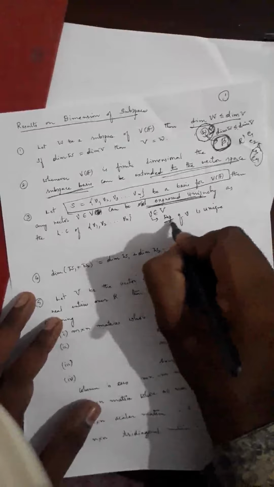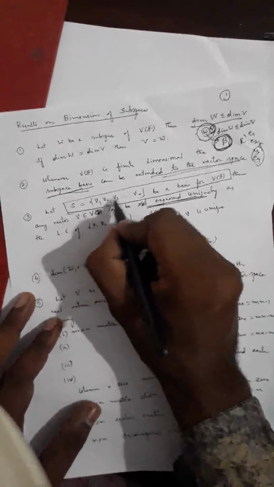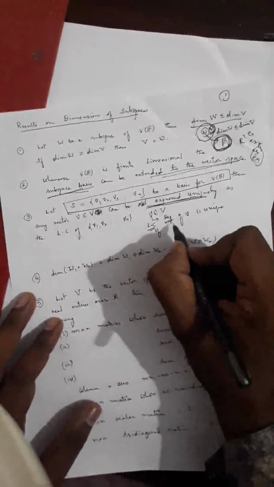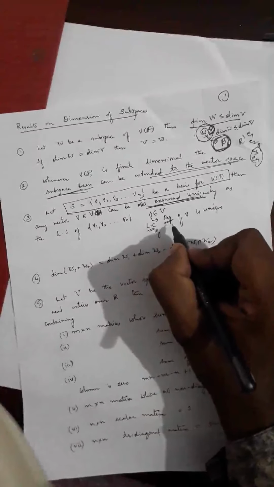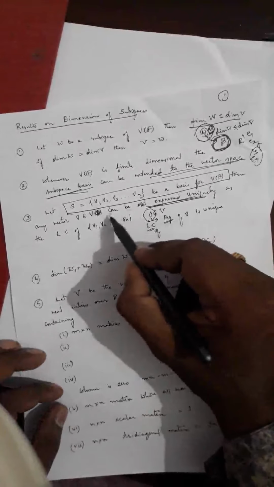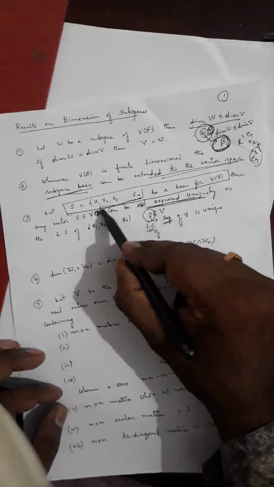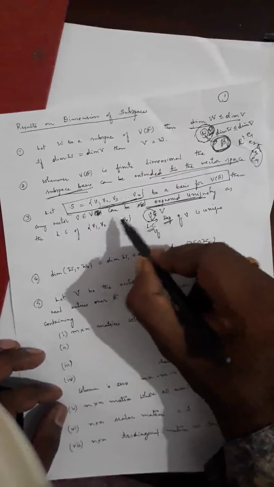The representation is a linear combination of these basis elements V1, V2, etc. up to Vn, and it will be unique. Is the idea clear? I can represent this V by a linear combination of this set, and the representation is unique. Idea is clear?